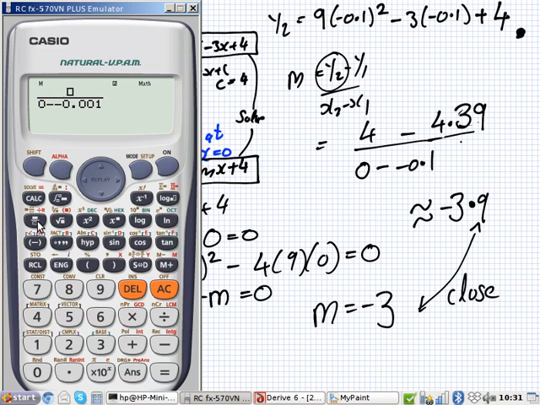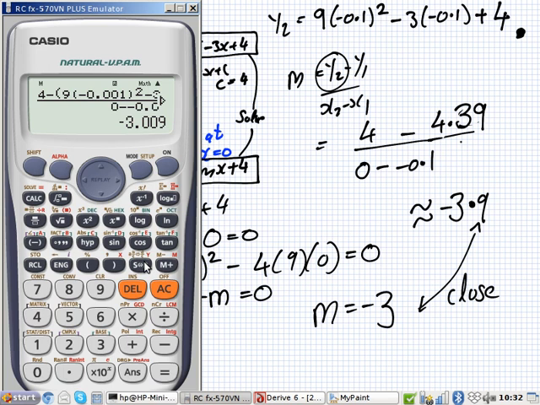And on the top, we have 4 minus, and then we need the other value. Minus 0.001, squared, minus 3 times minus 0.001 plus 4.